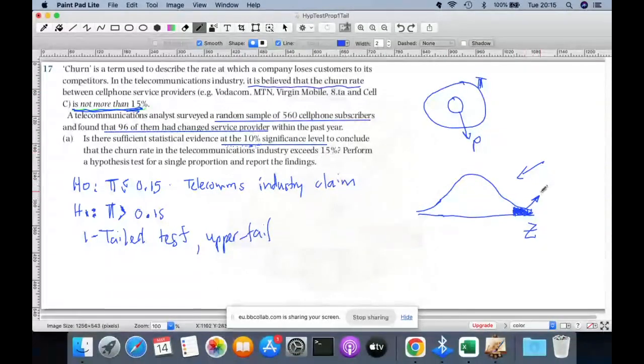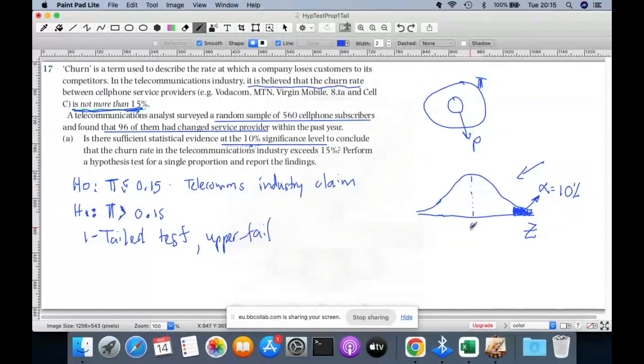So the entire alpha goes here, and alpha in this case is 10%. It looks like 16, but it's actually 10. The alpha is 10%. That's the blue region, or the rejection region.